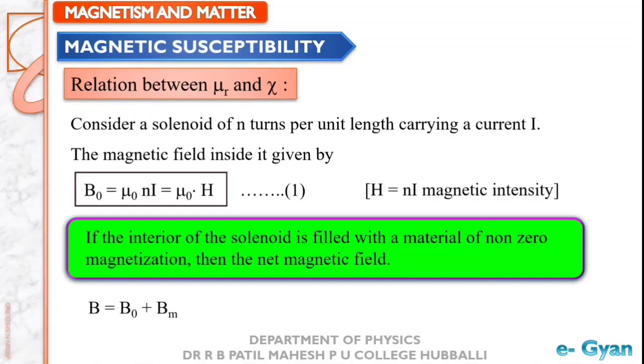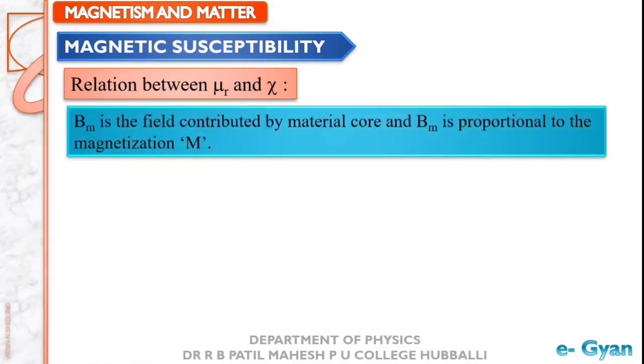So we can write the net magnetic field inside the solenoid as B equals B naught plus Bm. B naught is because of the current, and Bm is because of the material kept inside the solenoid. Let us take this as equation 2.